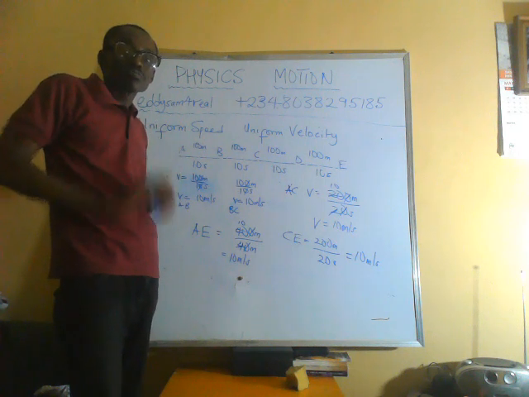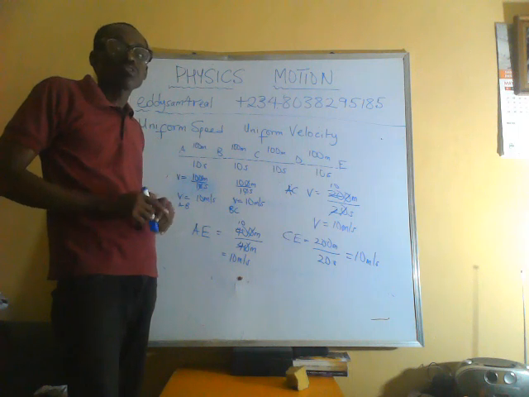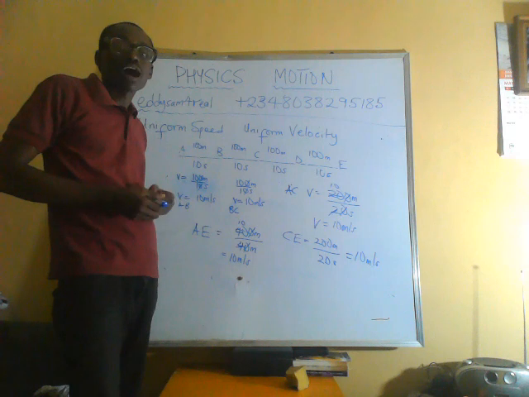So how does uniform velocity differ from average velocity?